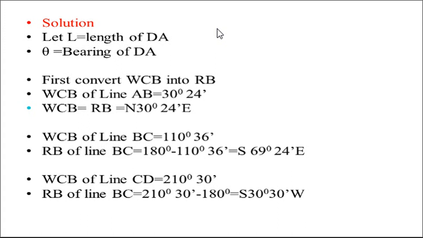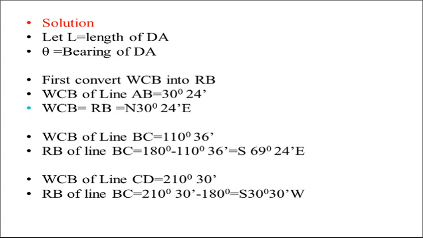Then WCB of line CD is 210 degrees 30 minutes. Therefore RB of line CD is 210 degrees 30 minutes minus 180 degrees, that is whole circle bearing minus 180 degrees, equal to 30 degrees 30 minutes, and the quadrant is SW, third quadrant.